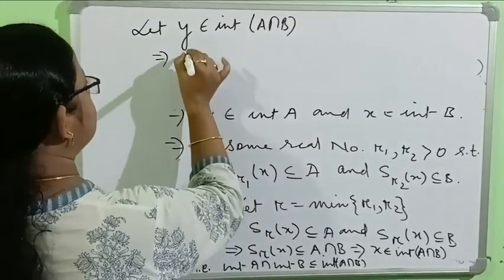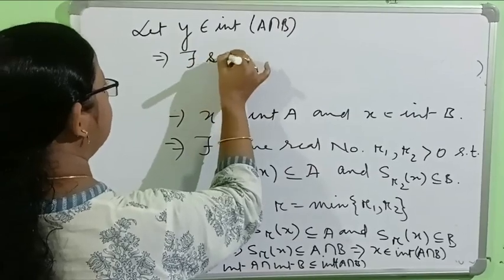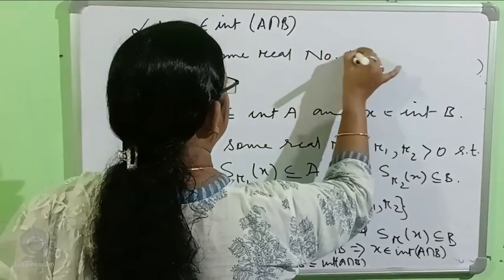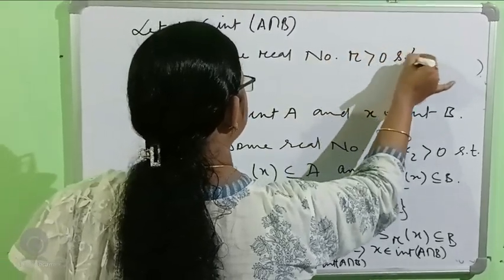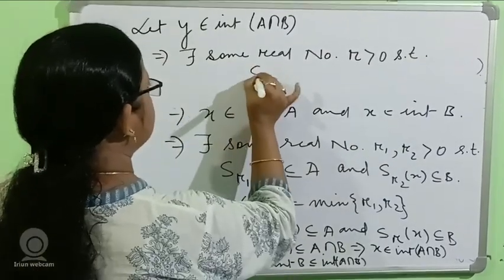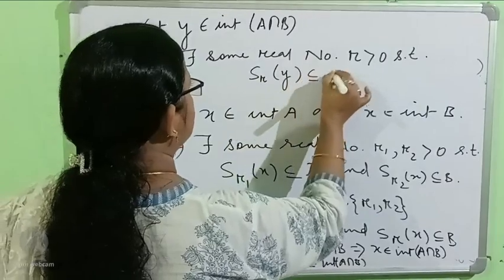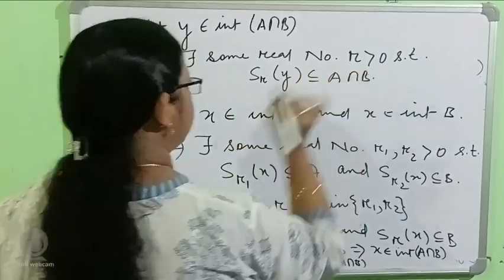This implies there exists some real number r greater than 0 such that S_r(y) is contained in A intersection B.